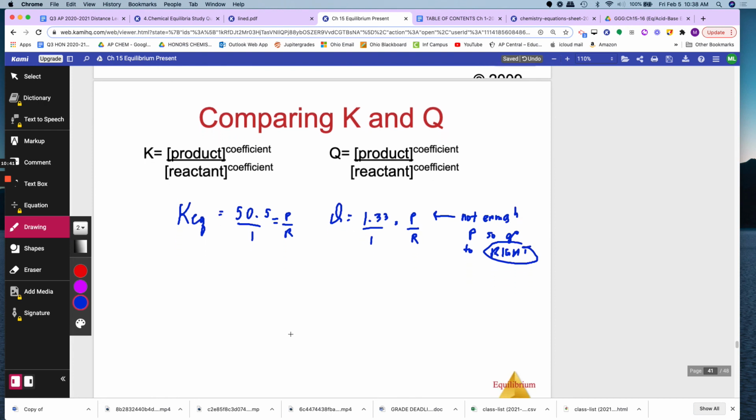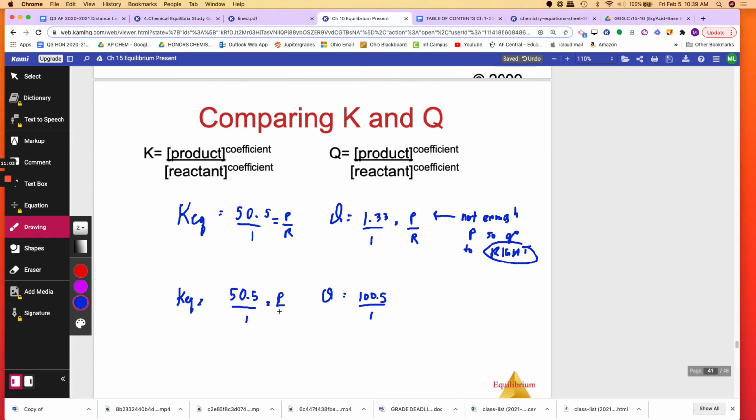Okay, if Keq equals 50.5 and Q is equal to 100.5, let's say you did the problem, and you can put the ratio in just so you can see this is products over reactants, this is products over reactants.